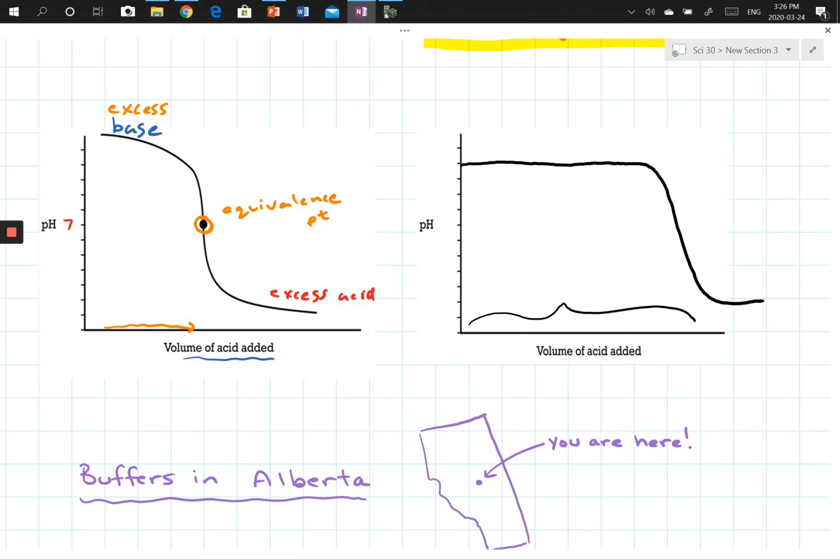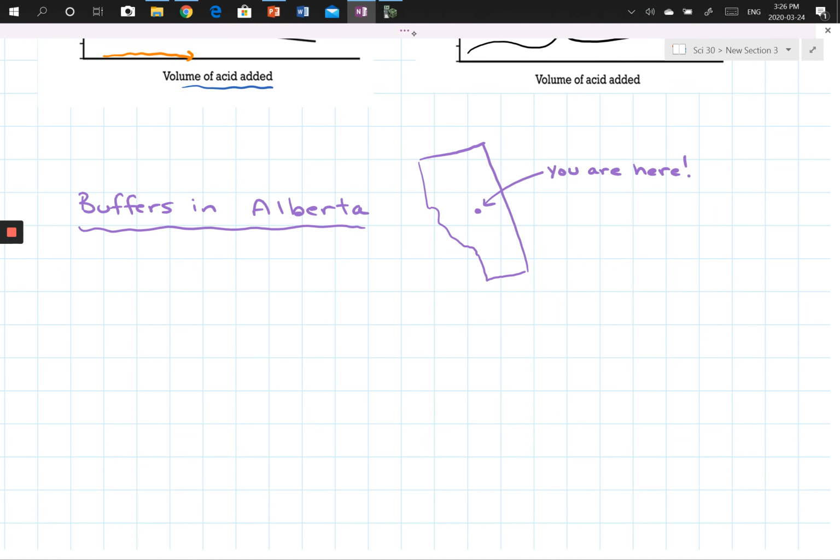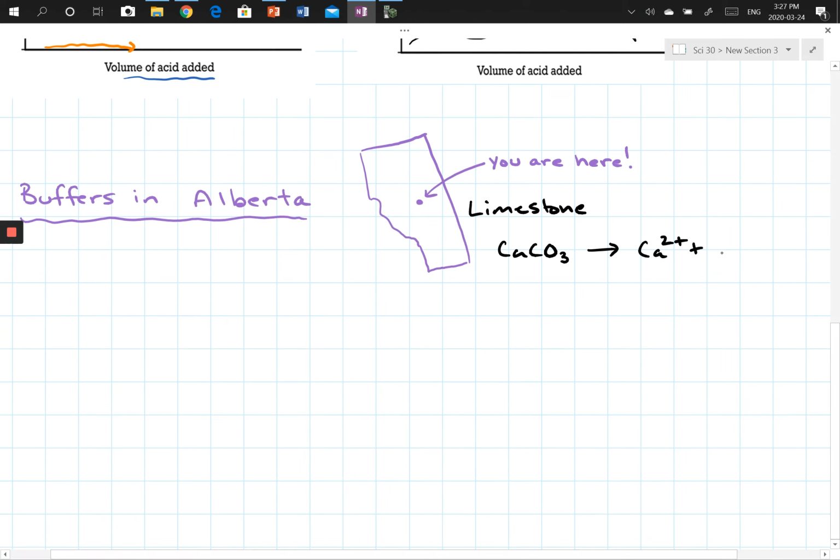Now in Alberta, we have a unique situation. In Alberta, we are built on limestone. That limestone is a mineral called calcium carbonate. When calcium carbonate dissolves in water, it produces calcium ions and also carbonate ions.